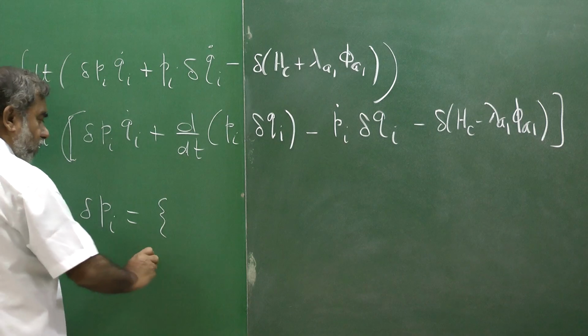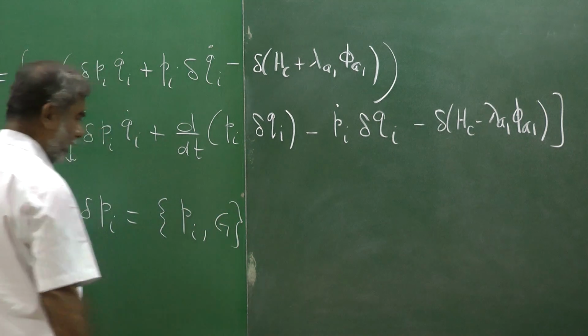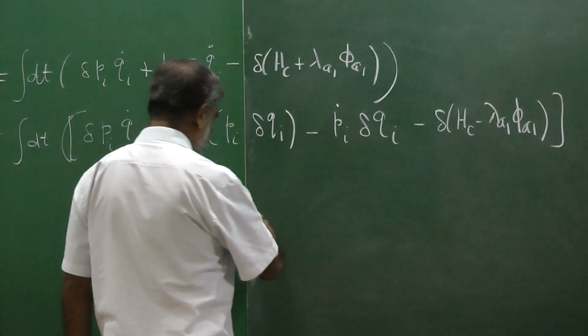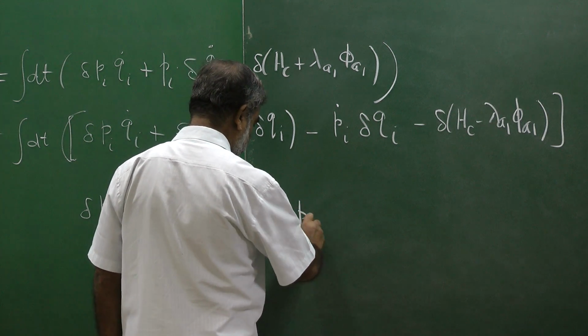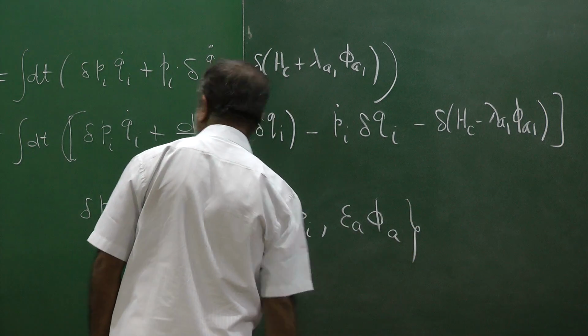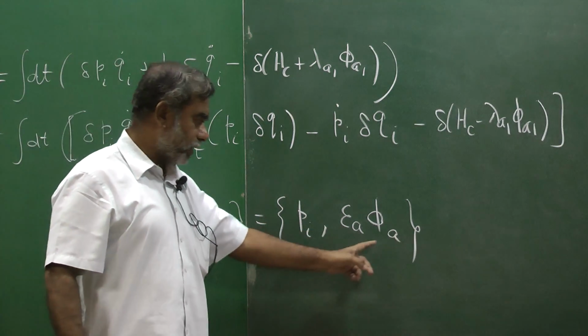This is defined as this bracket with the generator. This gives you the variation, and then you use the algorithm to write the generator as this, which is just this. And as I've told you, this A includes everything, the primary and secondary all.